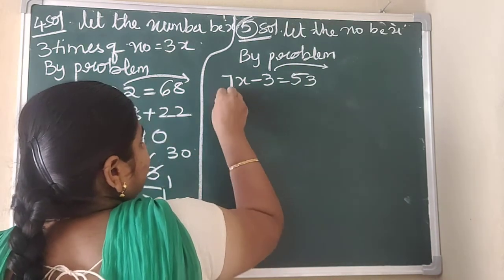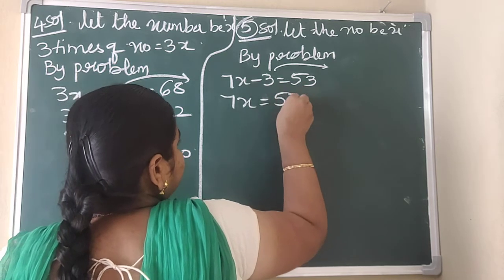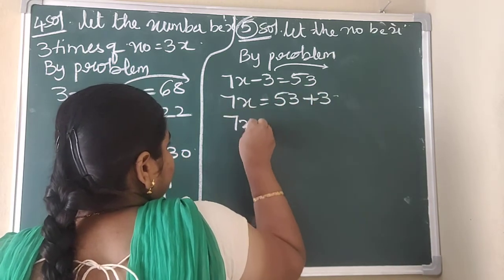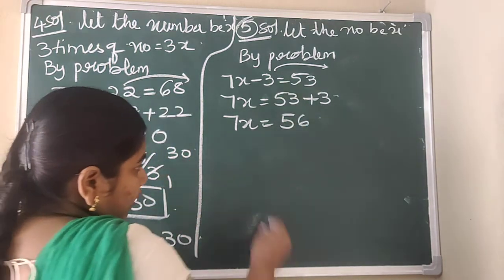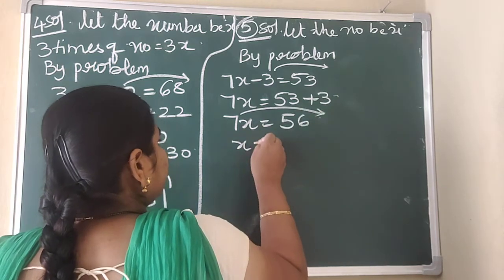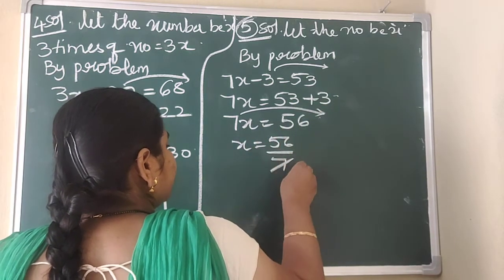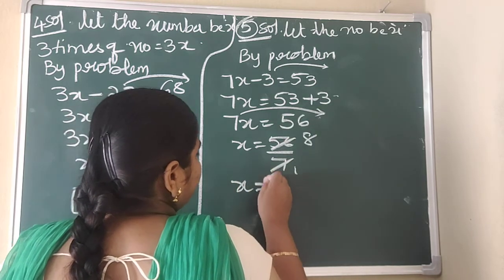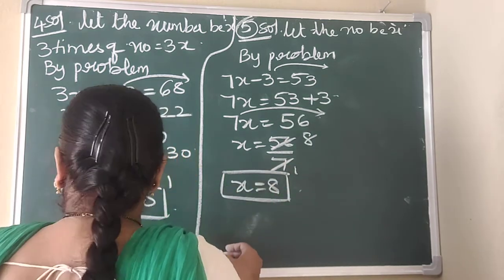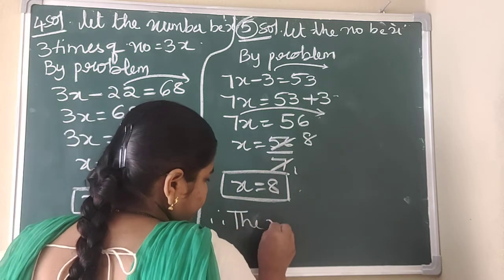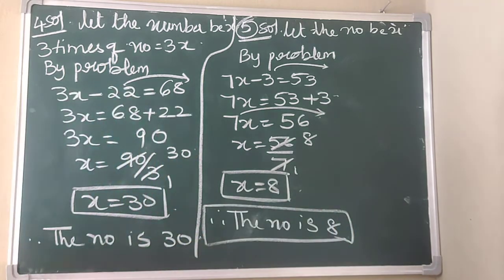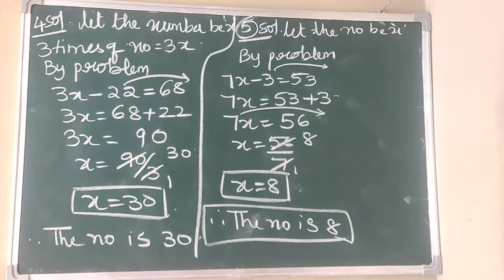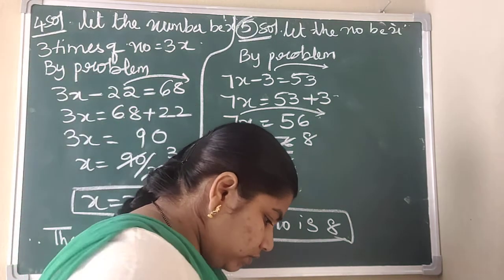Transpose minus 3 to the other side, so 7x will be equal to 53 plus 3. So 7x is equal to 56. Now what is the answer we have to find? Transpose 7 to the other side, so x will be equal to 56 by 7. 7 ones are 7, 7 eights are 56. So what is the x value here? 8. So what is the number? Therefore the number is 8. So this is our fifth solution. Next, sixth one.